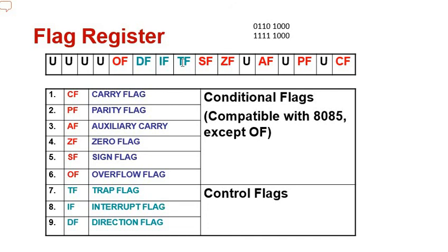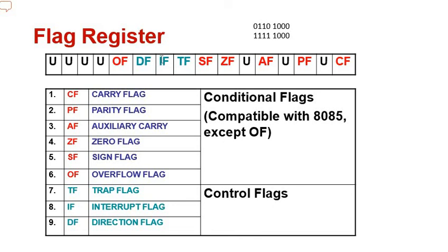The interrupt flag: whenever an interrupt occurs, either external or internal, the interrupt flag will be indicated here. By disabling this interrupt, we can change a non-maskable interrupt to a maskable interrupt.